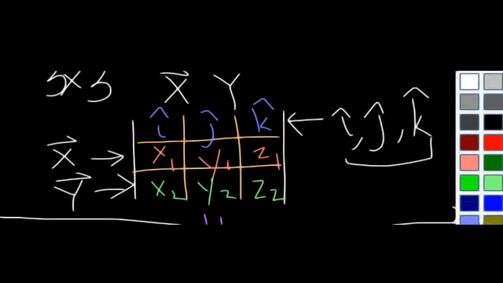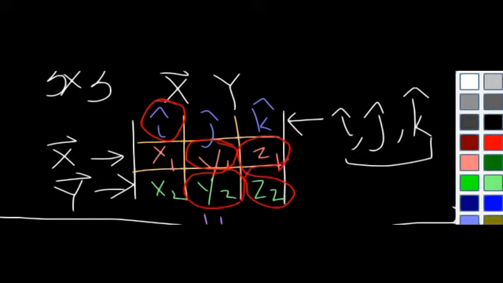So the first term, I guess you can say, is that you multiply i hat with the difference between the product of y1 and z2 and the product of z1 and y2.